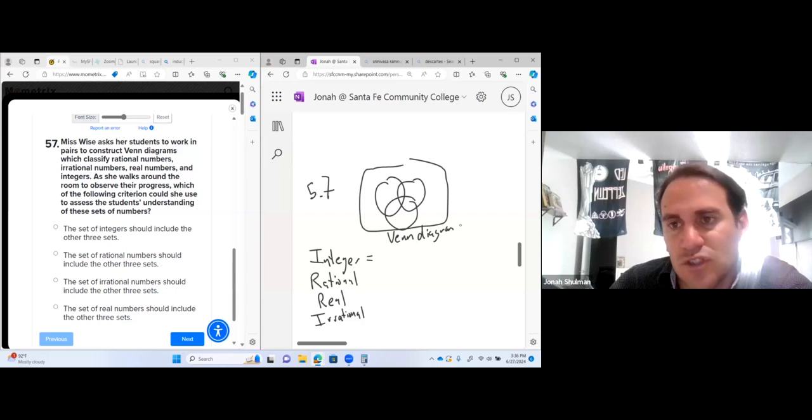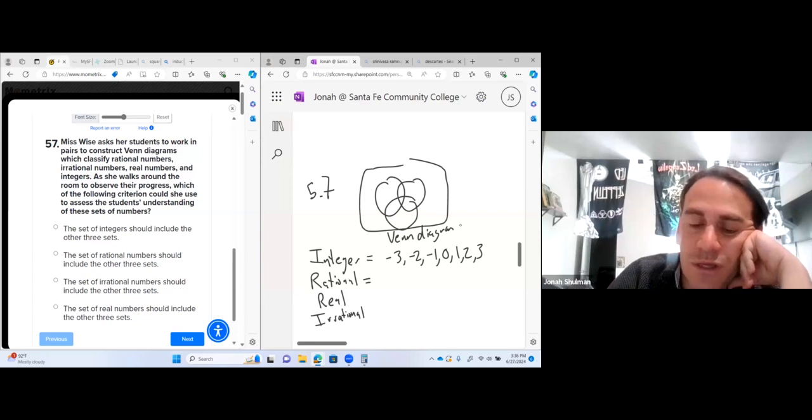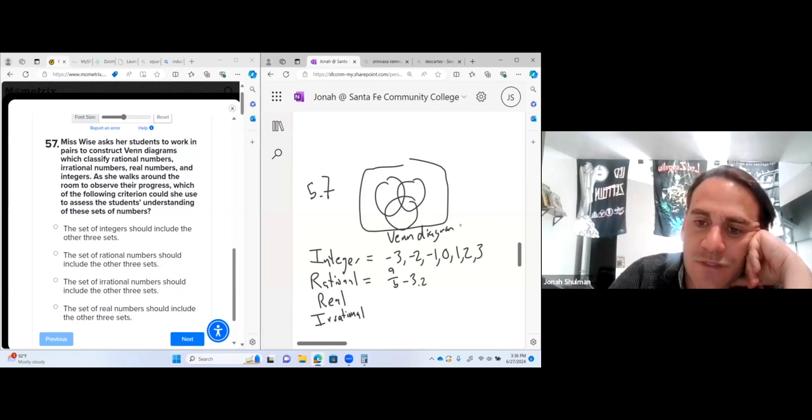Okay, so the integers are basically whole numbers that can be positive and negative. So -3, -2, -1, 0, 1, 2, 3. These are integers. Rationals can be like A over B, so this could be -3.26, -2.12, -1, 0, 1.23.